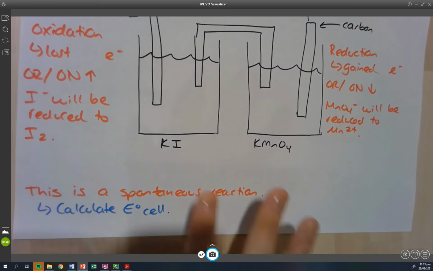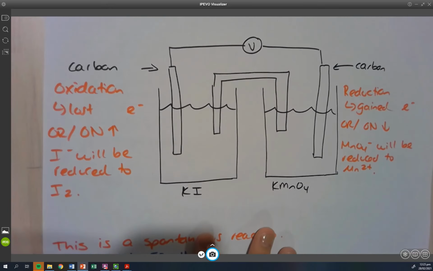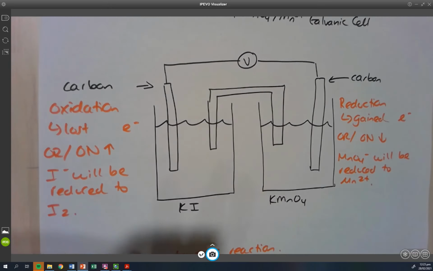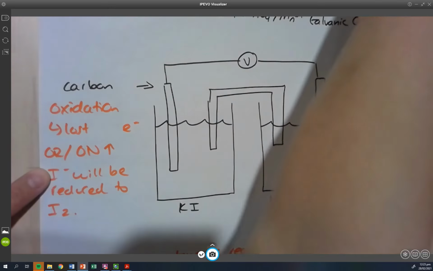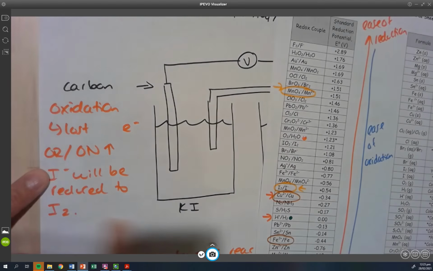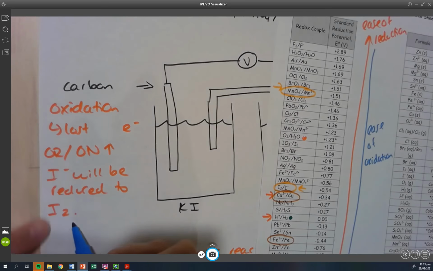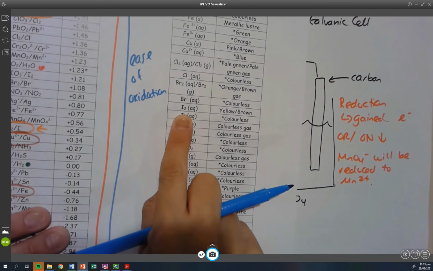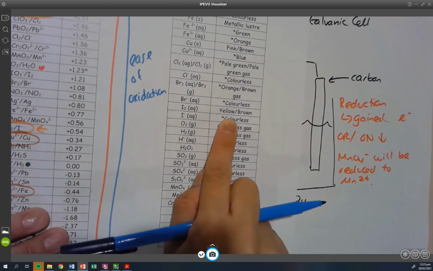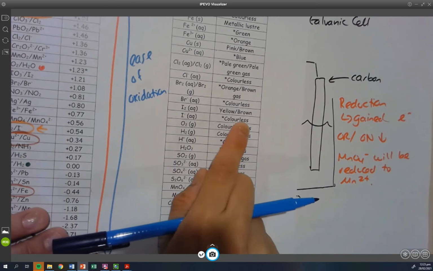So I'm going to do the observations first because I find that a little bit easier. The first thing to note with the observations in this case is that they're slightly different because I'm dealing with things that are, in most cases, ions. So I would state that on this oxidation half of the reaction with iodide becoming iodine, I would notice that iodine is becoming a brown kind of color.